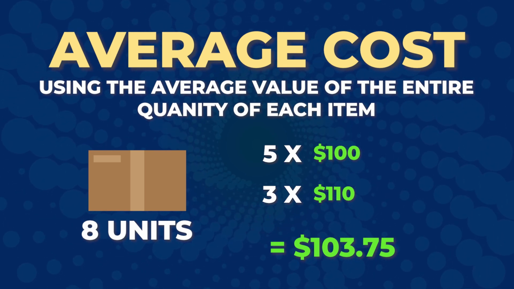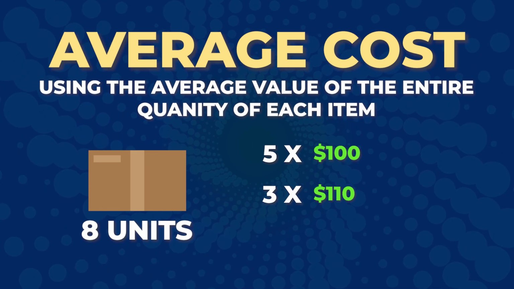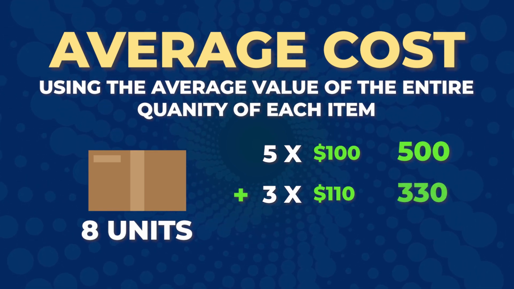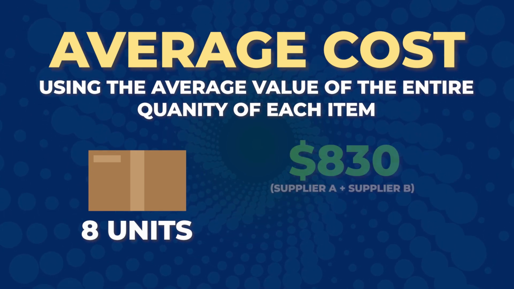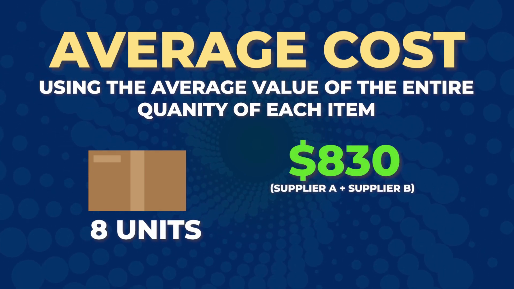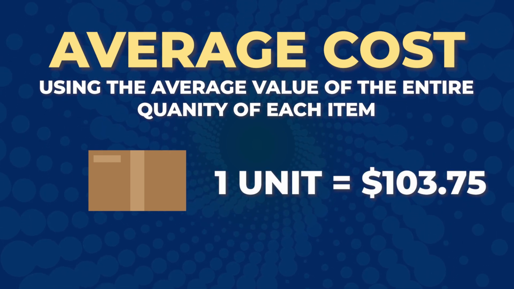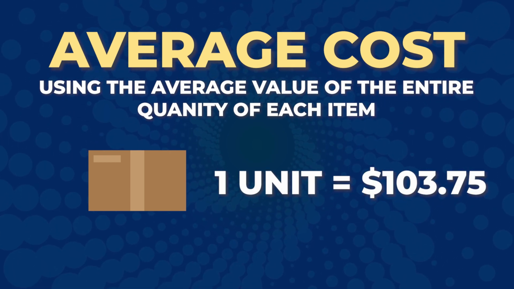The calculation for this being 5 times 100 plus 3 times 110, which is the total value of what we've purchased, and dividing that by 8 to give us an average value of $103.75. Don't worry, you don't have to manually calculate that. Any finance and ERP system that you use will have the smarts to calculate this for you.